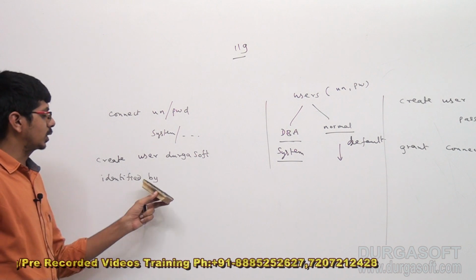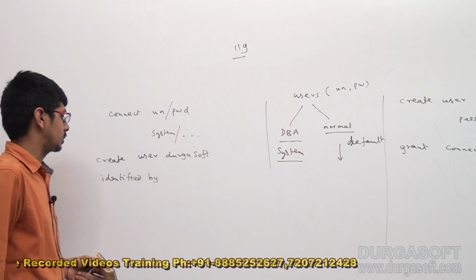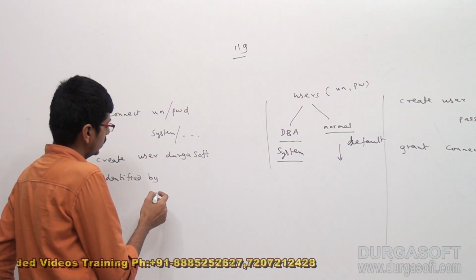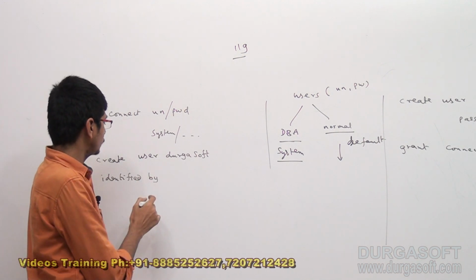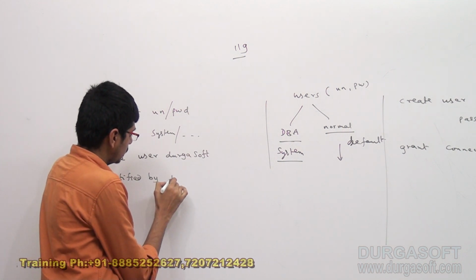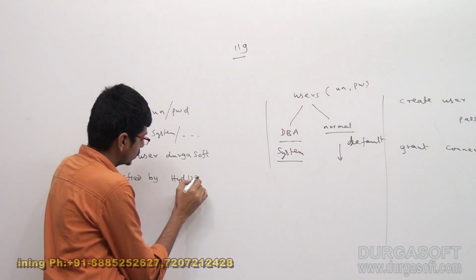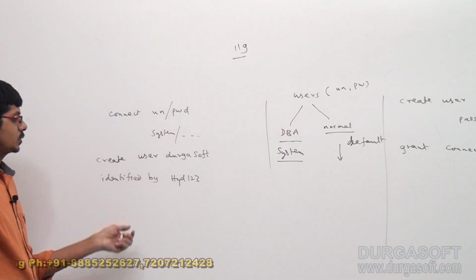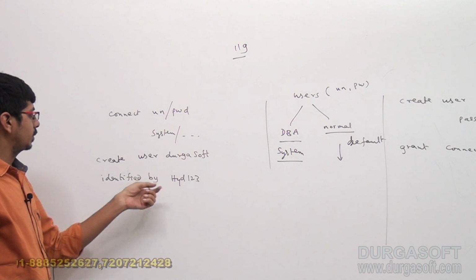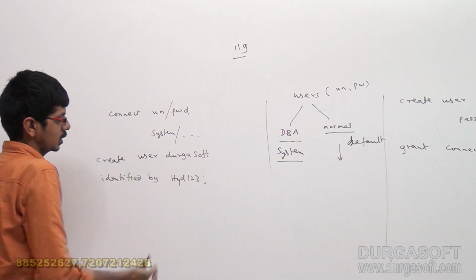It is used to assign a password. Okay, identified by, I will be giving a password, let us say HYD123. Okay, HYD123 is the password that is given to the user DURGASOFT.